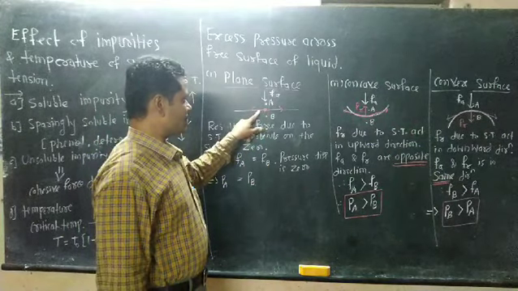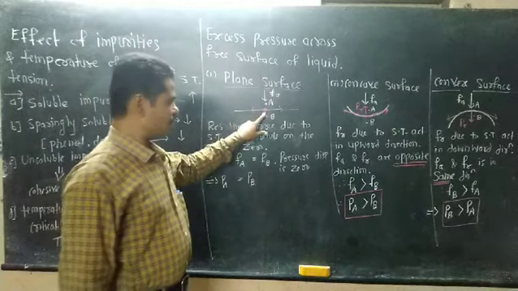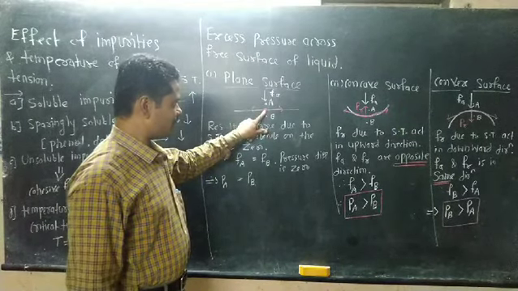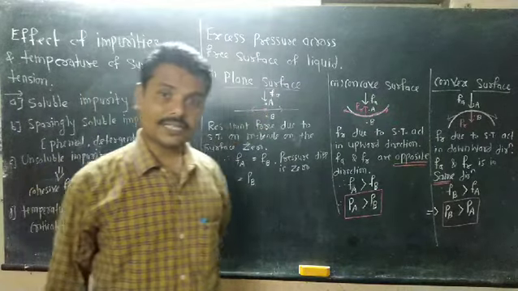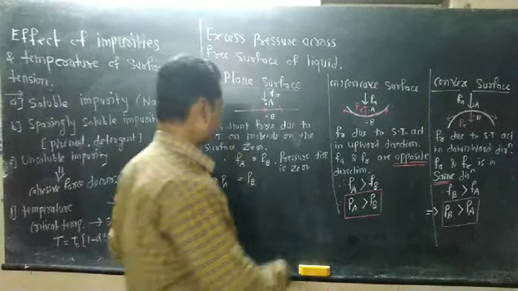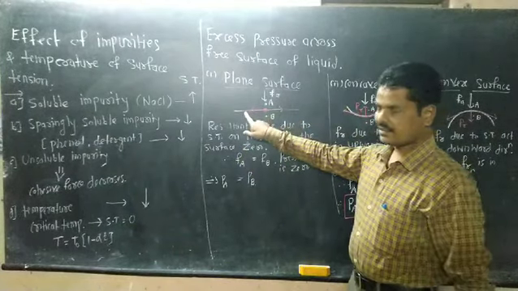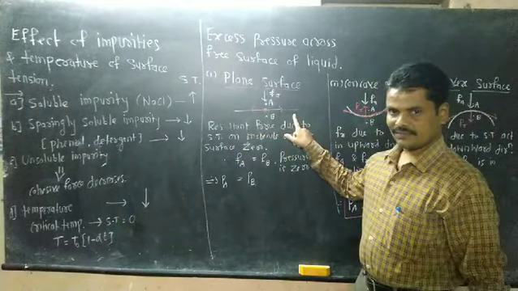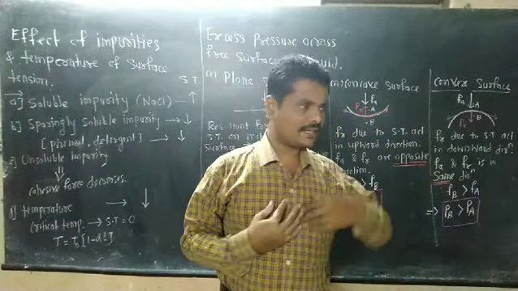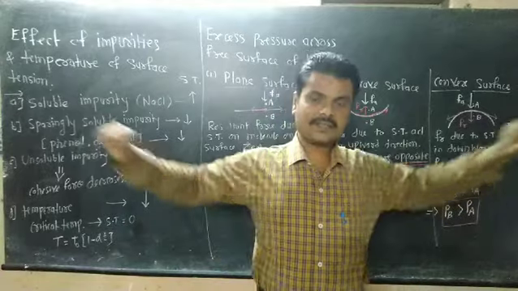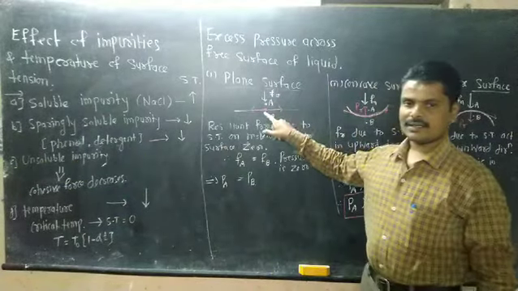Also, I will show the forces due to surface tension acting on this molecule. You check carefully, the force due to surface tension on this molecule which is present on the liquid surface is 0. Why 0? Because the total left force is equal to the right force. The molecule is pulled towards the left, and also the molecule is pulled towards the right. The net force due to surface tension on this molecule is 0.